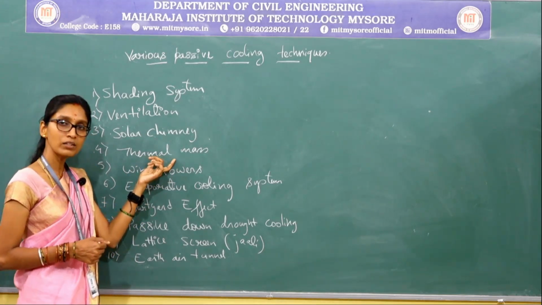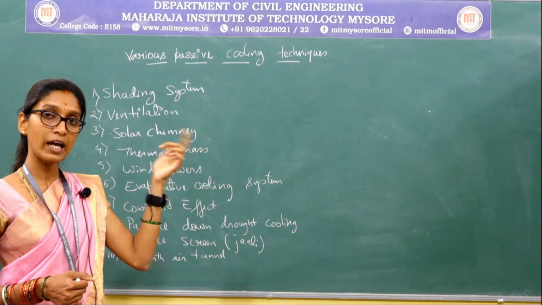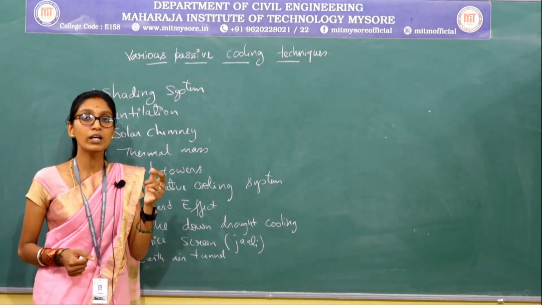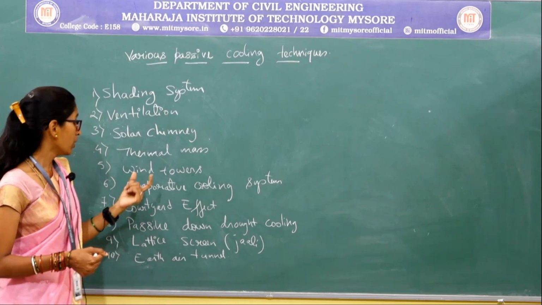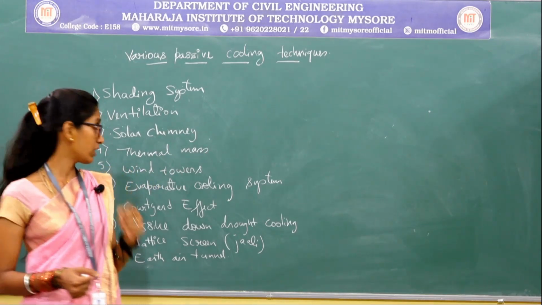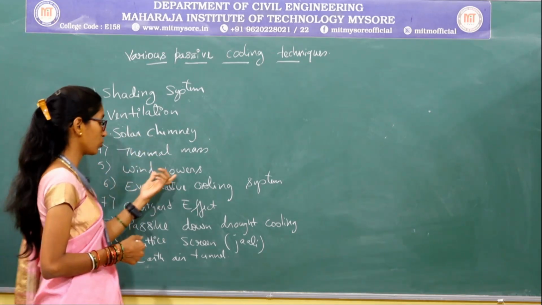And the thermal mass, yes, you got to know how the thermal mass was utilized for heating, and at the same time how the cooling effect comes by using thermal mass or thermal walls. Further, the wind towers: how the wind towers are effective in passive cooling and how the cooling happens, you got to know that.